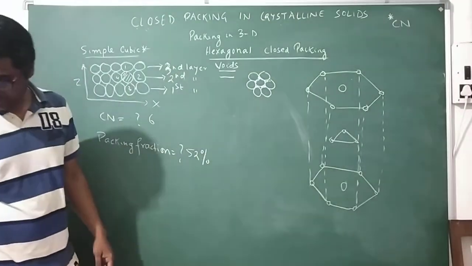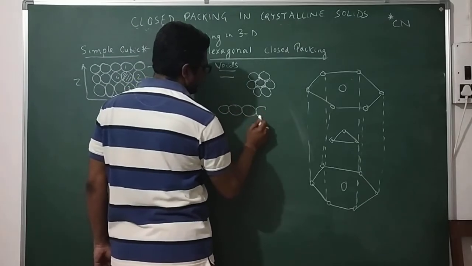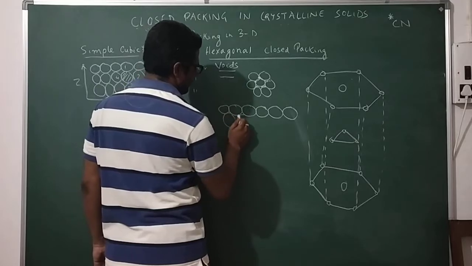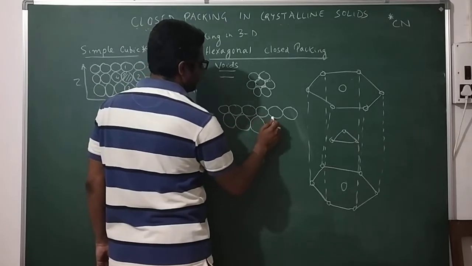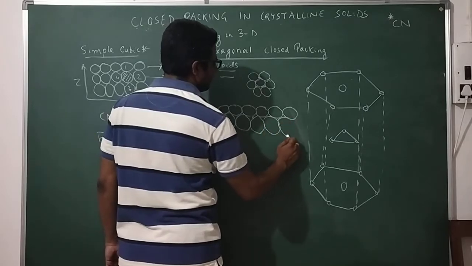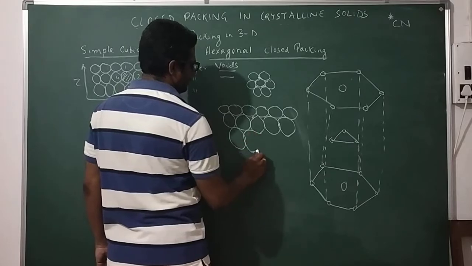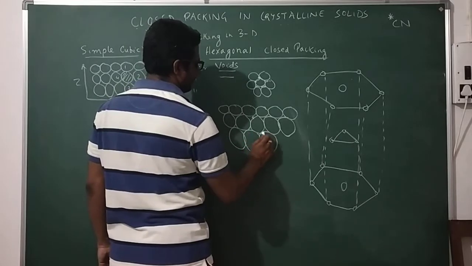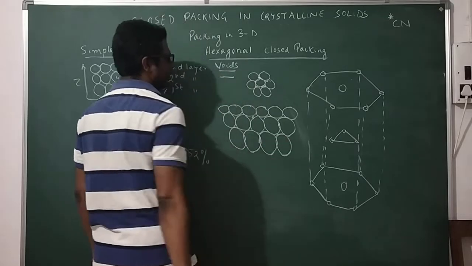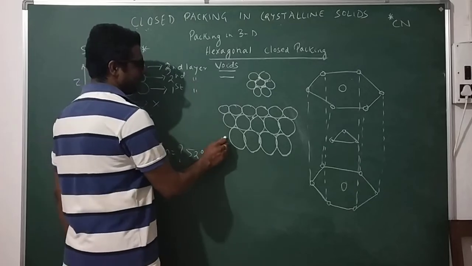So this is the primary structure of hexagonal closed packing.